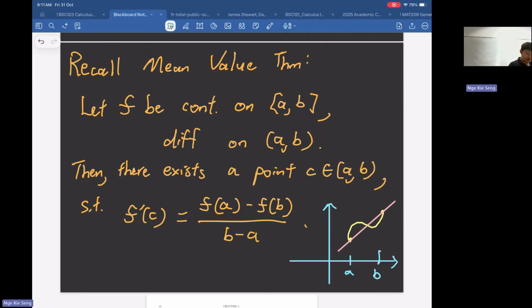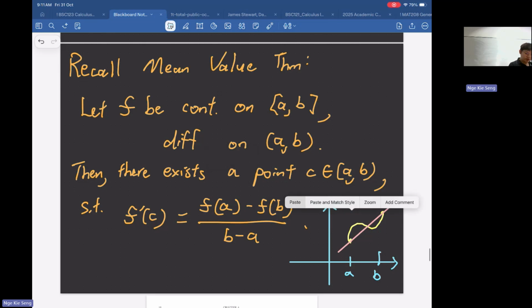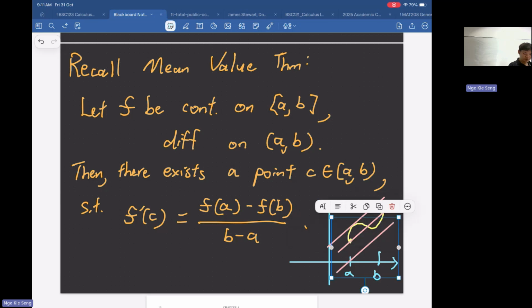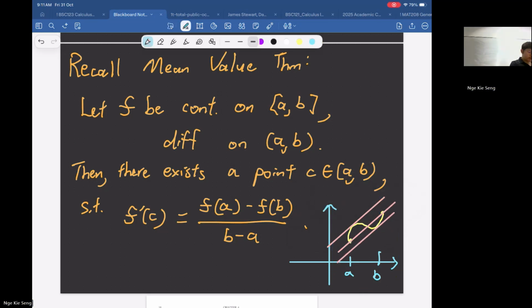If you take this line with the same gradient, you should be able to find another point that has this gradient of tangent. For the continuous graph I drew here, there are two of them, but the theorem guarantees that there is at least one.